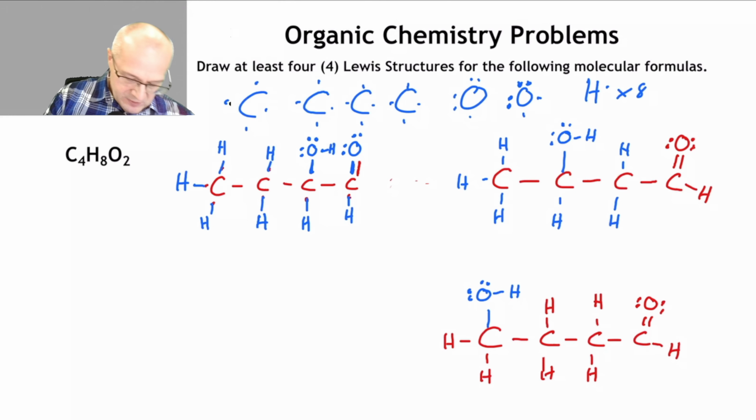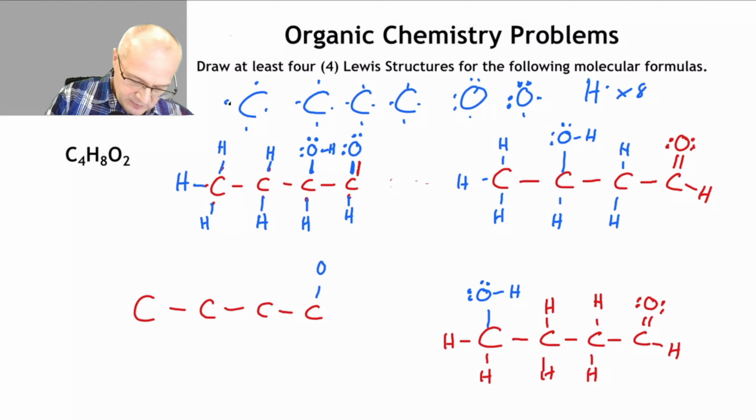So let's do that. Let's just say, okay, carbon, carbon, carbon, carbon, oxygen, oxygen. So basically I have the same setup I have up here, only now instead of putting the carbonyl on the end, I'll put it in the middle. 2, 4, 6, 8. This oxygen has a filled octet.